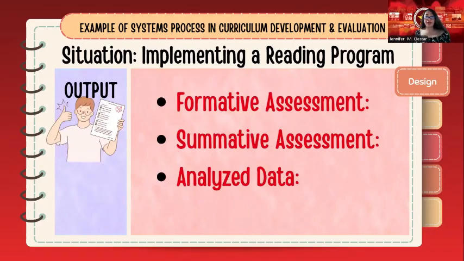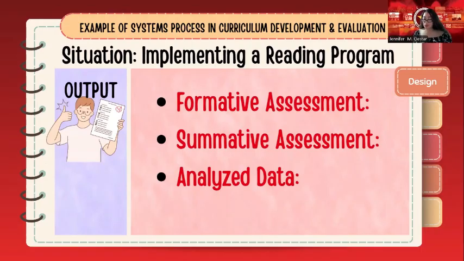For our output, under systems analysis, we can use formative assessment, or we can produce the following. Through formative assessment, teachers use quizzes, class discussions, writing assignments, and the like to monitor students' understanding and adjust their instruction accordingly. We also have summative assessment.